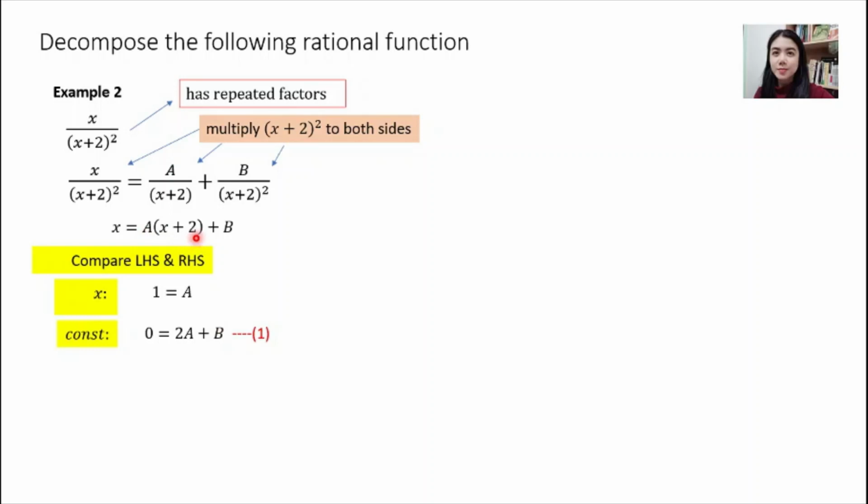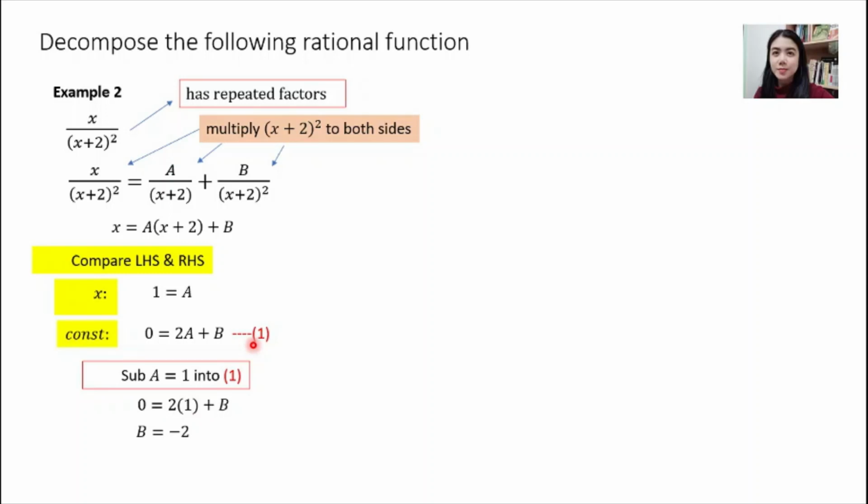So you expand this, you have 2a plus b. We name this equation 1. Since we already know a is equal to 1, we substitute a equal to 1 into equation number 1, and then we will have the answer for b.